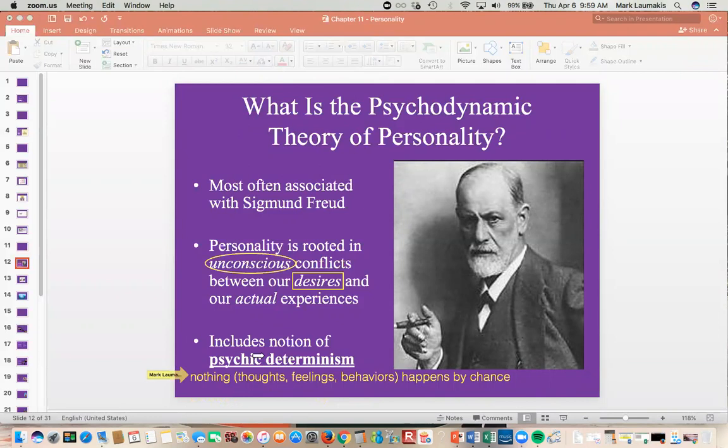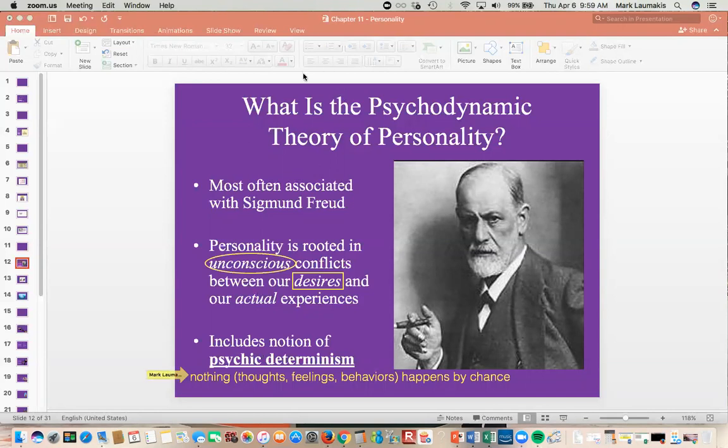So he would basically say there's no randomness in what we're thinking about and how we're feeling or what we're doing. We may not know. We may not have insight into why we're doing some of these things. But if we were to dig around long enough, or maybe if we were to go into psychoanalysis for long enough, we would be able to find the reason why we're doing or feeling or thinking the things that we're doing or feeling or thinking.